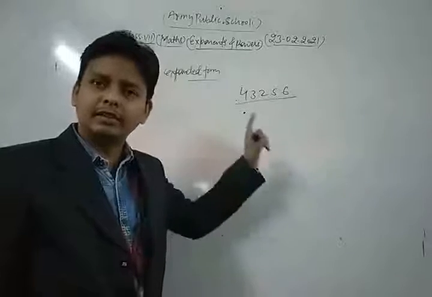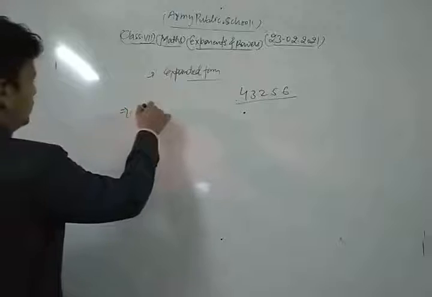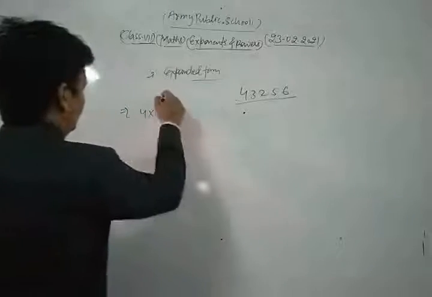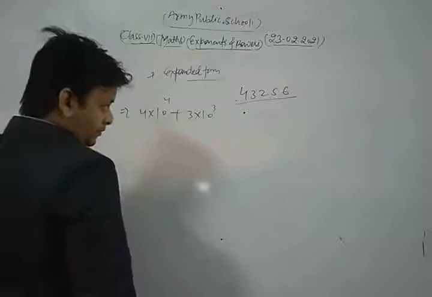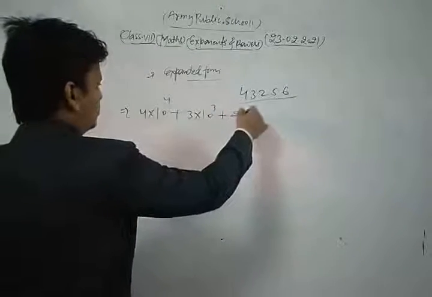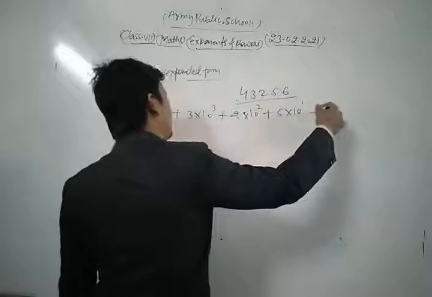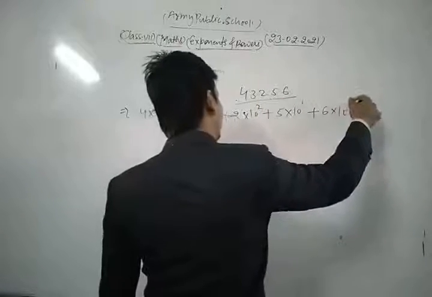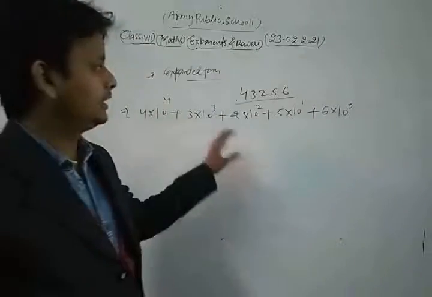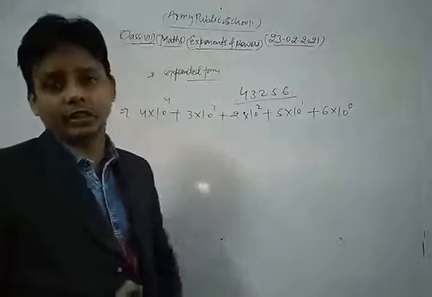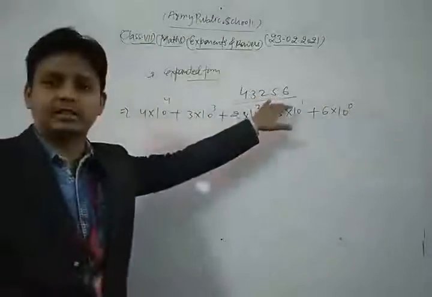If we write the given number in expanded form, then we write it in this way: 4 into 10 to power 4 plus 3 into 10 to power 3, plus 2 into 10 to power 2 plus 5 into 10 to power 1 plus 6 into 10 to power 0. Dear student, this is the expanded form of the given number. If we simplify them, then we get this result.